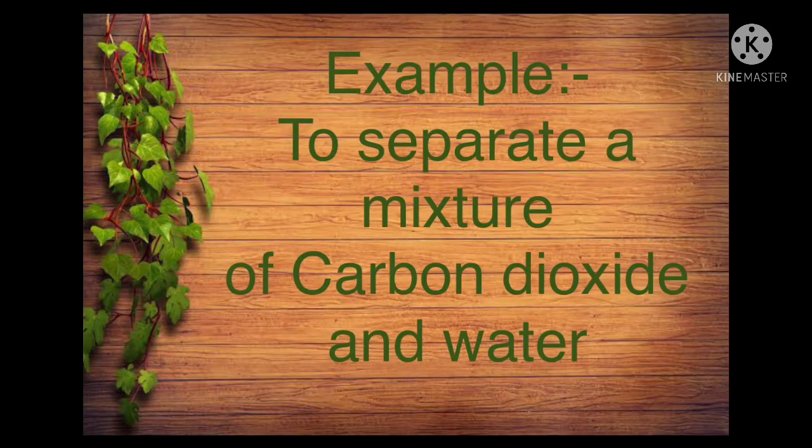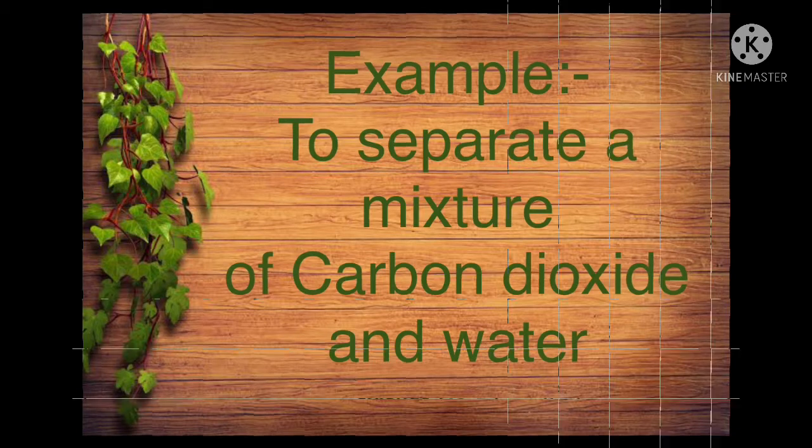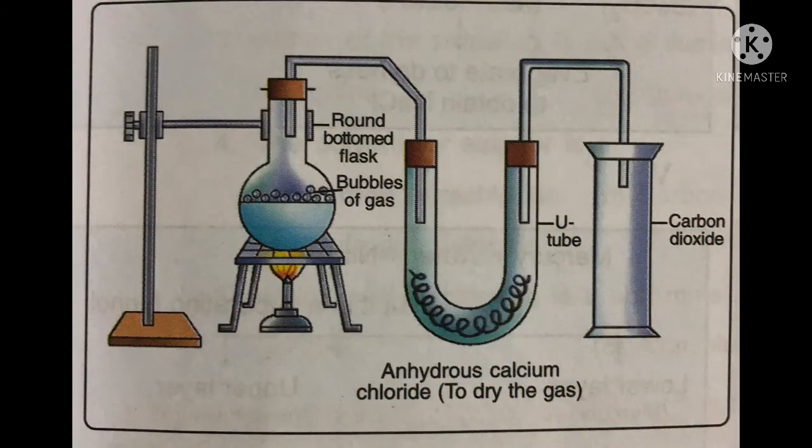For example, to separate a mixture of carbon dioxide and water, we will use the apparatus as shown here. First of all, we will take the liquid-gas mixture of carbon dioxide and water in a flask.